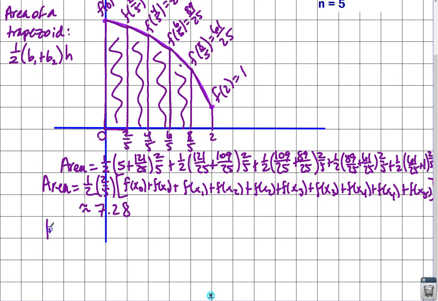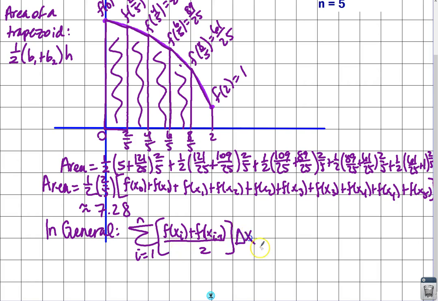So in general, here's your formula for the trapezoidal method. I equals 1 to n, the number of boxes that you want, okay? Before we evaluated our function at the midpoint, okay, now we are evaluating it at each side and essentially finding the averages of that. So it's going to be f of xi plus f of xi minus 1 all over 2, base 1 plus base 2 over 2 times your height, which is delta x.